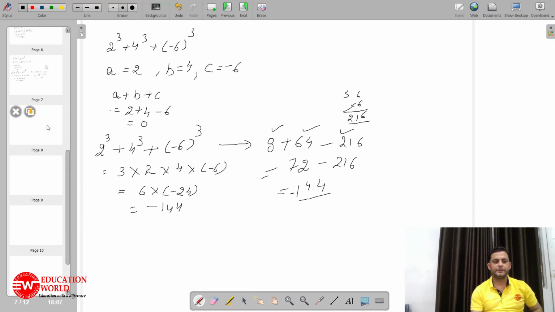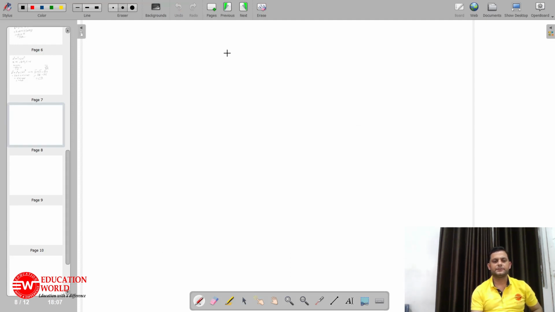Now today's summary for this topic is use of formula. Which formulas? Of the cube. A plus B whole cube, what will it be?